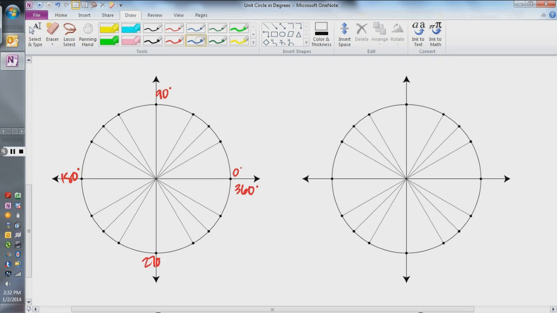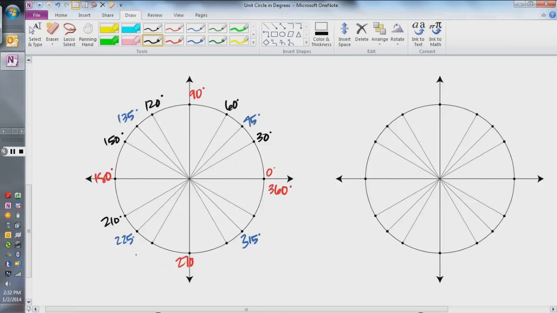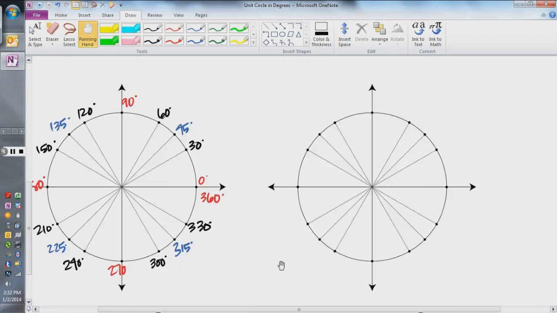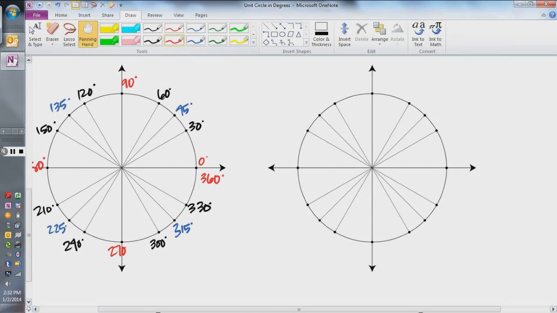I'm going to go through do my 45s, 45, 135, 225, 315, and then this is 30, 60, 120, 150, 210, 240, 300, 330.